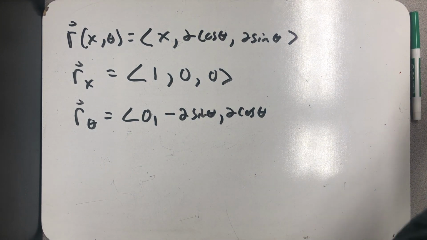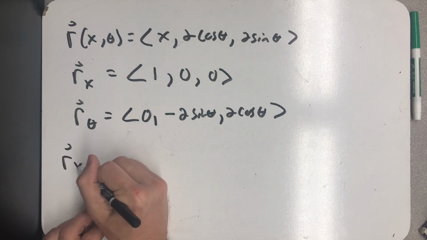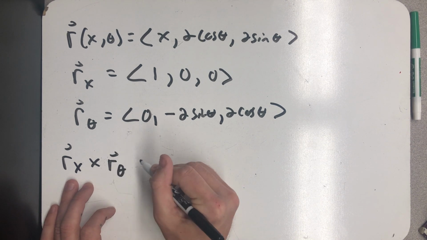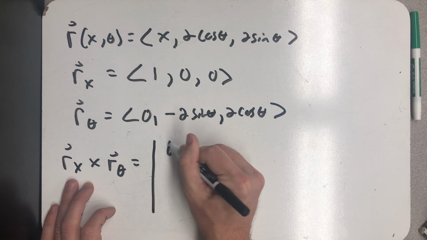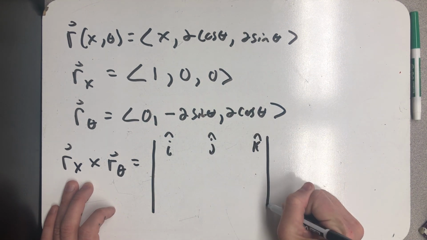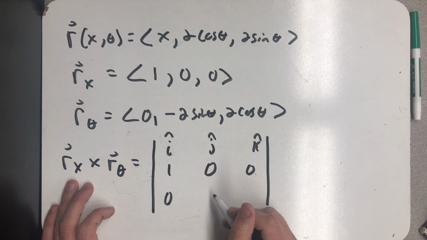And now we need to evaluate a cross product, and after that, we'll find its magnitude. So our x cross our theta. Shouldn't be too hard of a cross product to take with all these zeros in this determinant.